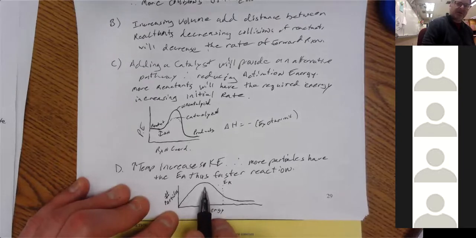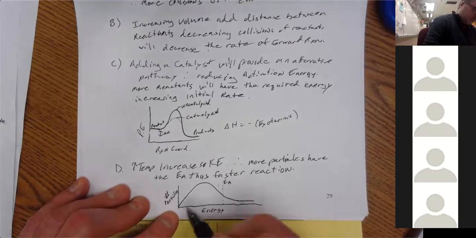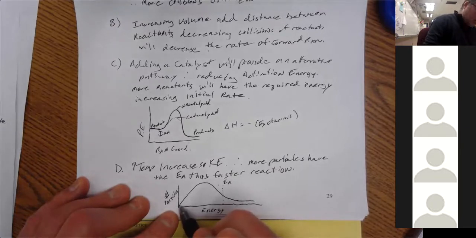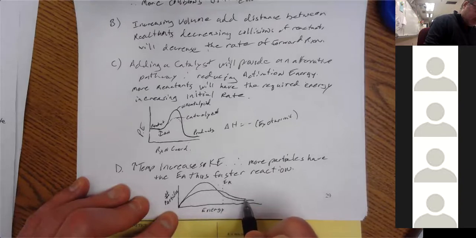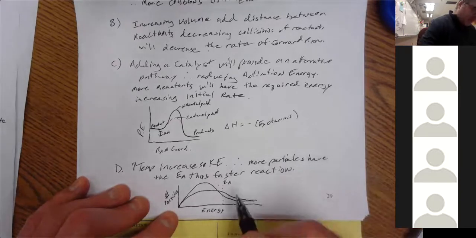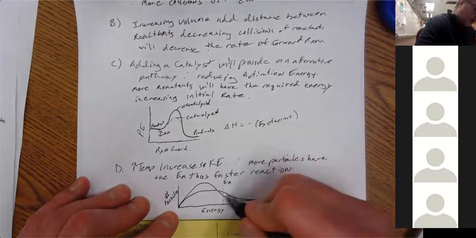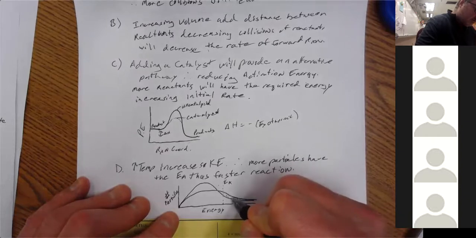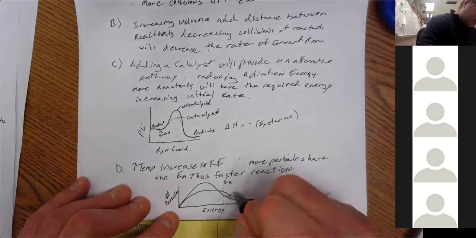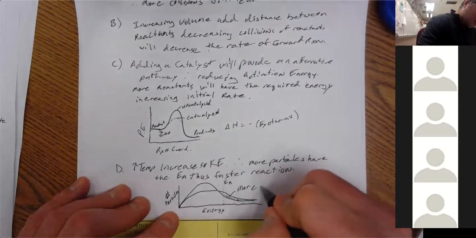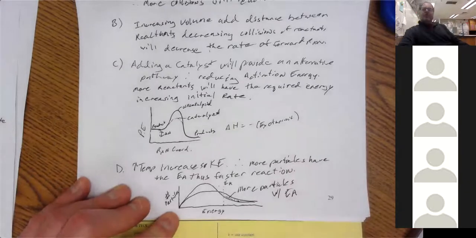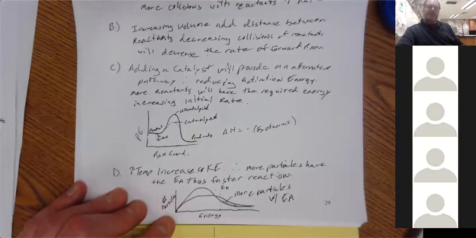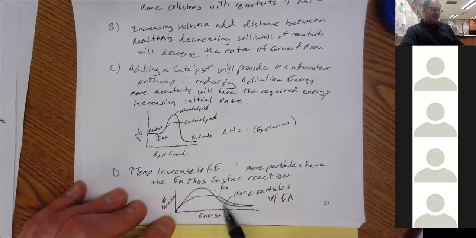So what we're going to do is bring this curve down, but extend it out here. Bring it down and extend it out. And what that does is give you a larger amount of particles with that required energy. And if more of those particles have that energy, then you're going to have a faster reaction because they already have what they need.